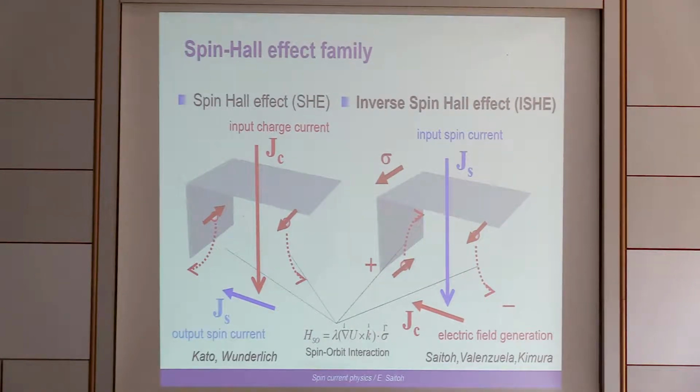So charge current is converted into spin current via the spin-orbit interaction. This is a reverse process of the spin Hall effect, so we name this effect the inverse spin Hall effect. Okay. So this is how we measure the spin current.